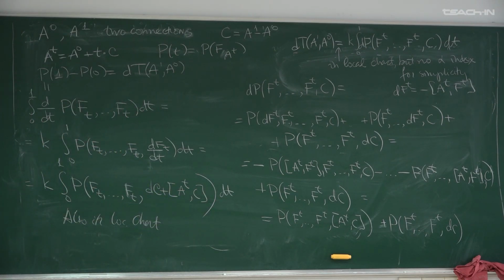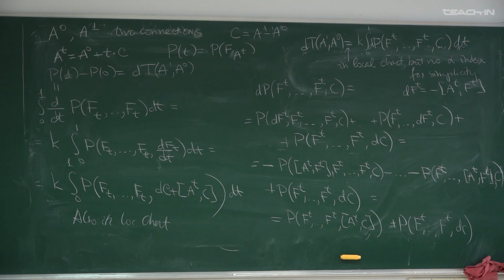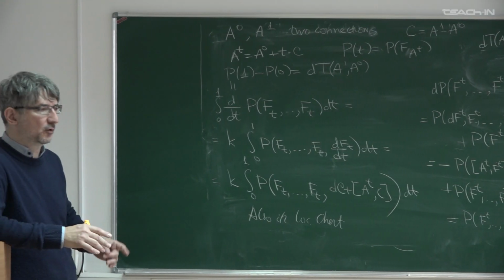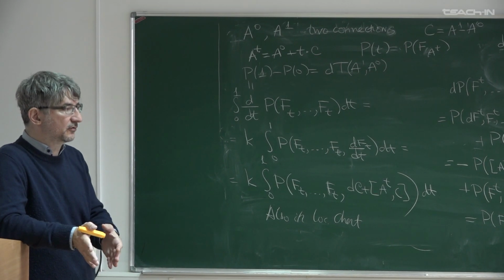So the theorem is proved. Very good. So now we know the following idea. If we have a vector bundle, then we can construct, with an invariant symmetric polynomial, a characteristic class.